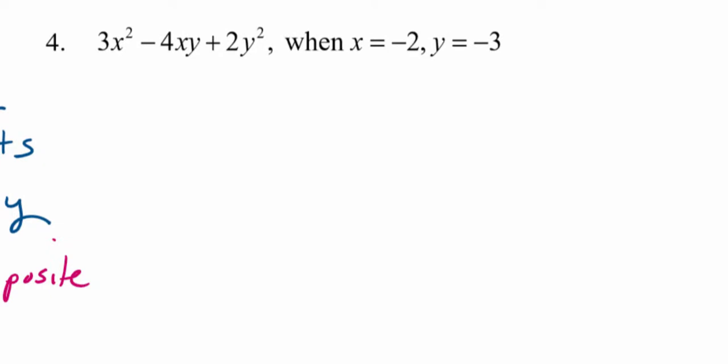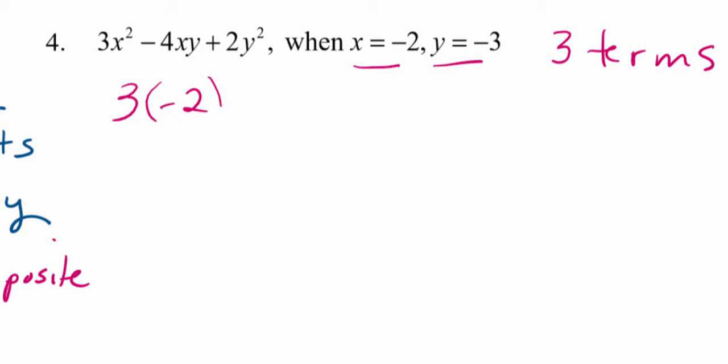In number 4, we have an expression with 3 terms, as you can see. 3x squared minus 4xy plus 2y squared. So we have 3 terms. And we're going to replace x with -2 and y with -3.